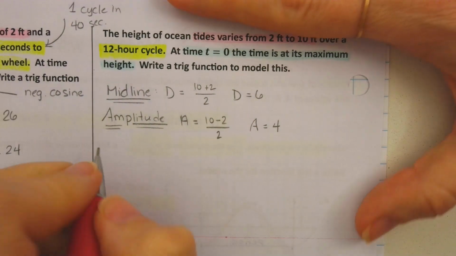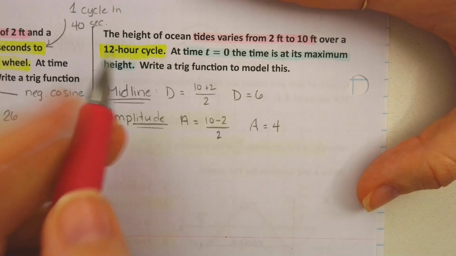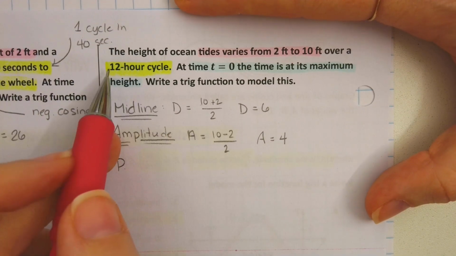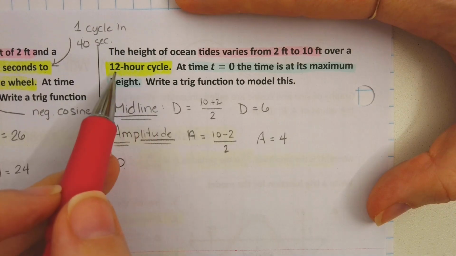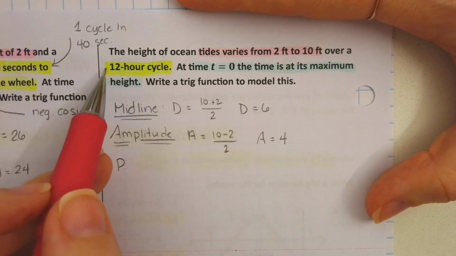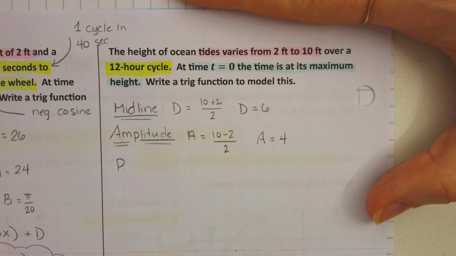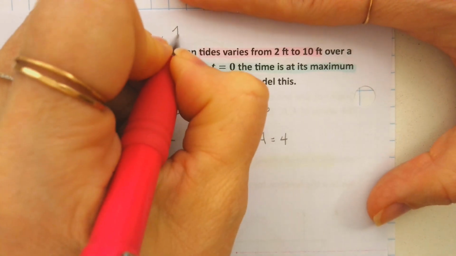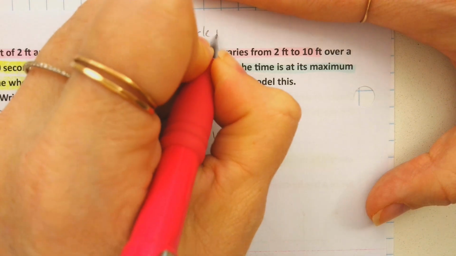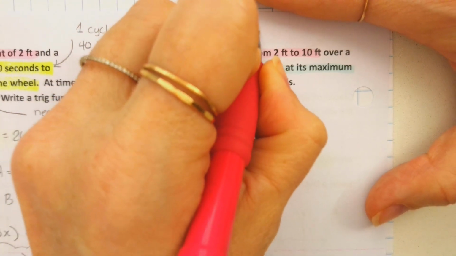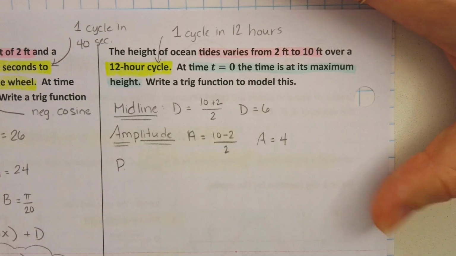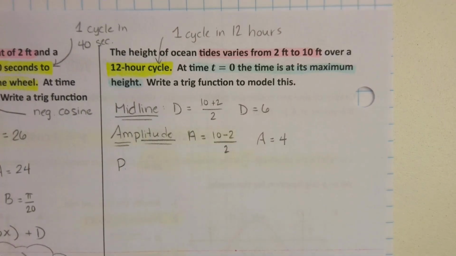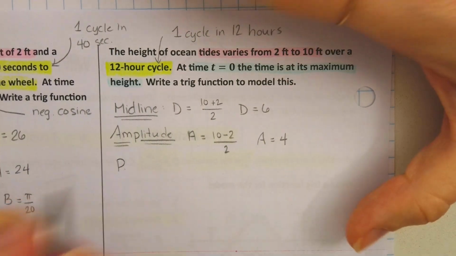Our period, they told it to us in a very cryptic way. They said over a 12-hour cycle, which means we're going to make the whole sinusoidal function in a 12-hour cycle. One cycle in 12 hours is what this is hinting to us, which means that is our period, because we can do one of whatever trig function in 12 hours.